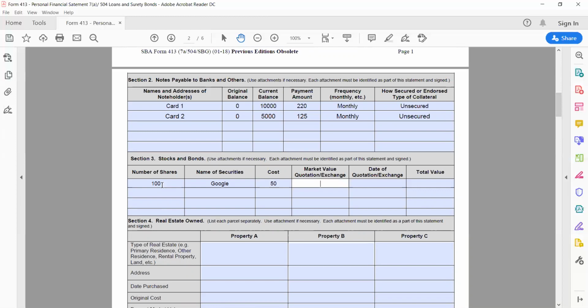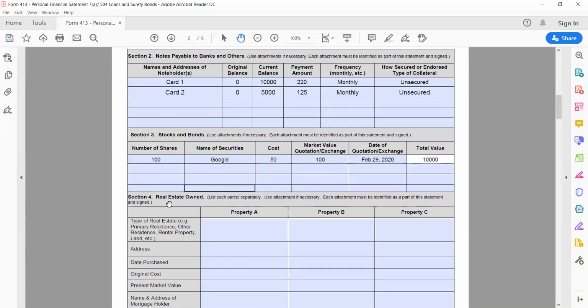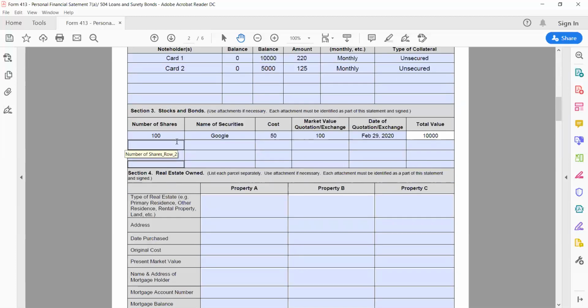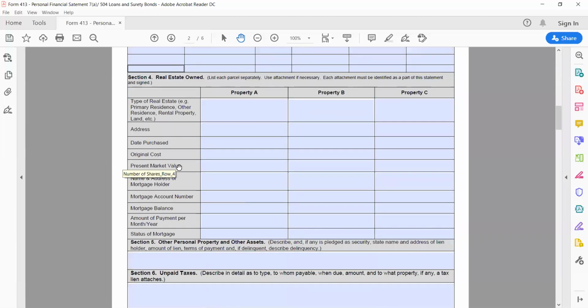I haven't looked at Google lately. 100. This was as of February 29th, 2020. It's a total value of $10,000. You would just list the number of shares. If you need more space, you would just expand this out, Excel sheet, make an attachment.